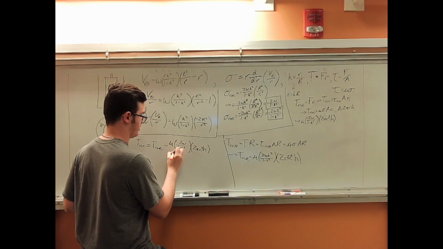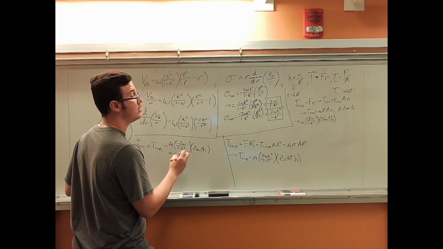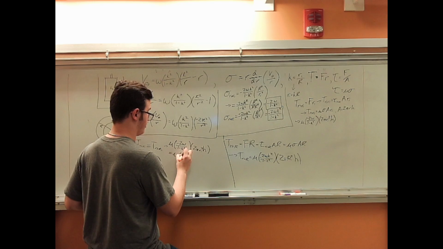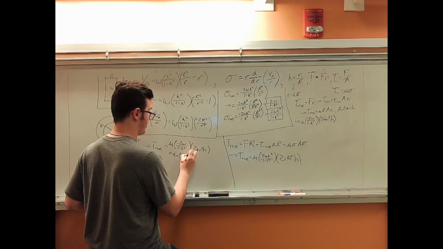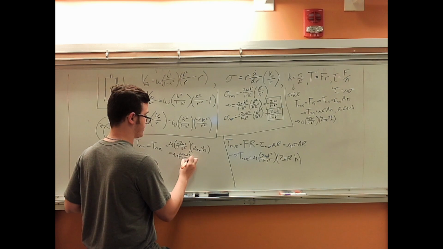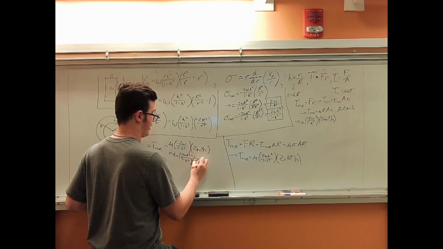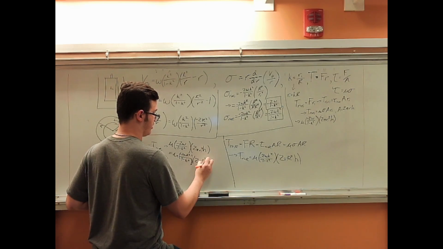Equals mu times negative 2 omega k squared over 1 minus k squared multiplied by 2 pi R squared h.